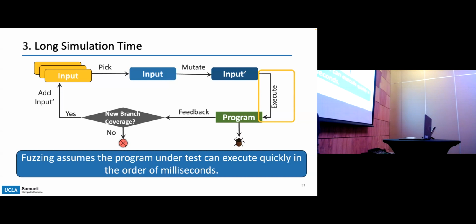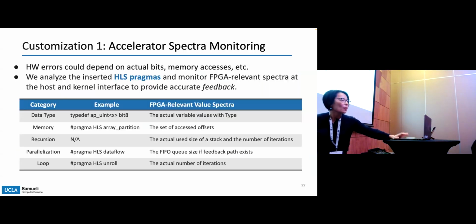Then, as I said, the biggest problem is this one, and I hope our community could think about it. Once you change the picture of fuzzing that works with millisecond feedback to 2-hour feedback, you really have to rethink what fuzzing really means. So the problem is that this execution delay was a real problem.